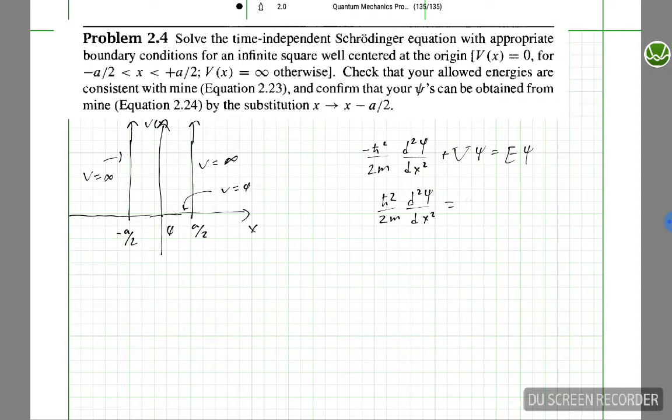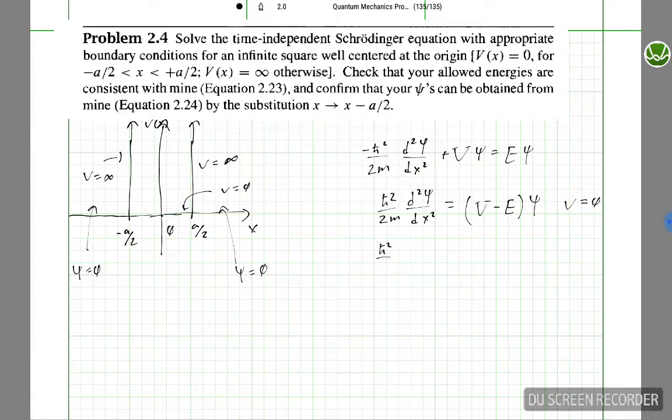Now I have V minus E times psi. Our V equals 0 inside the well. So over here, our psi is equal to 0. The wave function does not exist outside the well.